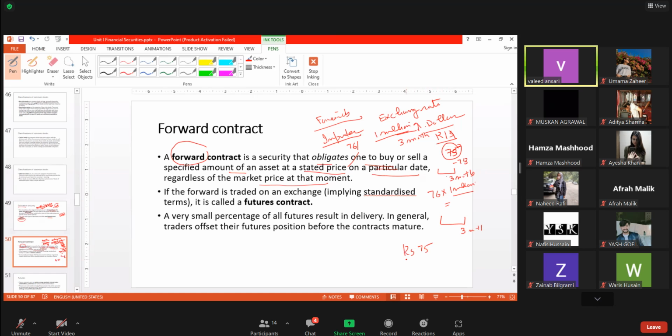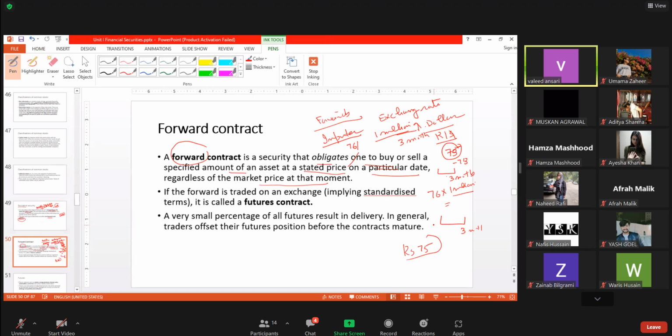So why will one buy 1 million at 76? One will let it go and buy from the market at 75 rupees. 1 rupee multiplied by the 1 million, when the amount of the contract is high, entails a higher amount. But for exercising that option, as I explained, a price is paid.